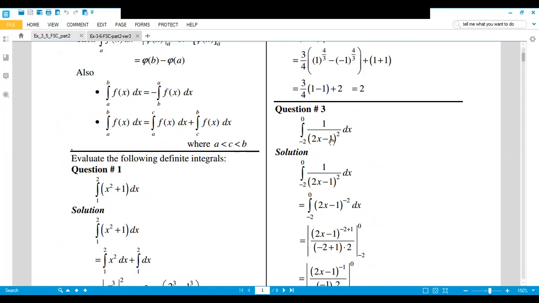So what will we do if we have such type of fraction? We take it in the numerator. It will be converted, the power will be converted into negative, minus 2.